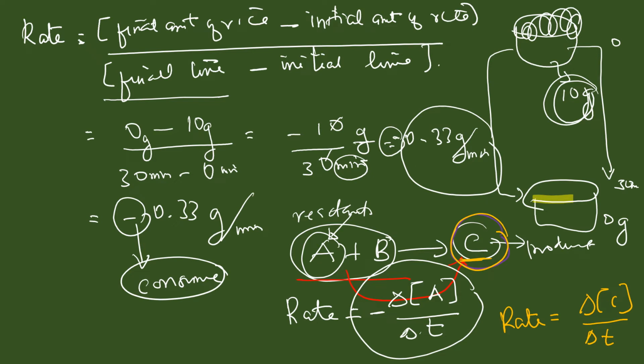Now, I'm saying concentration, I've not introduced concentration. I'm assuming you know. If you don't know, we're going to measure rates with respect to concentration in a chemical reaction. So I hope you understand what rate of a chemical reaction is.